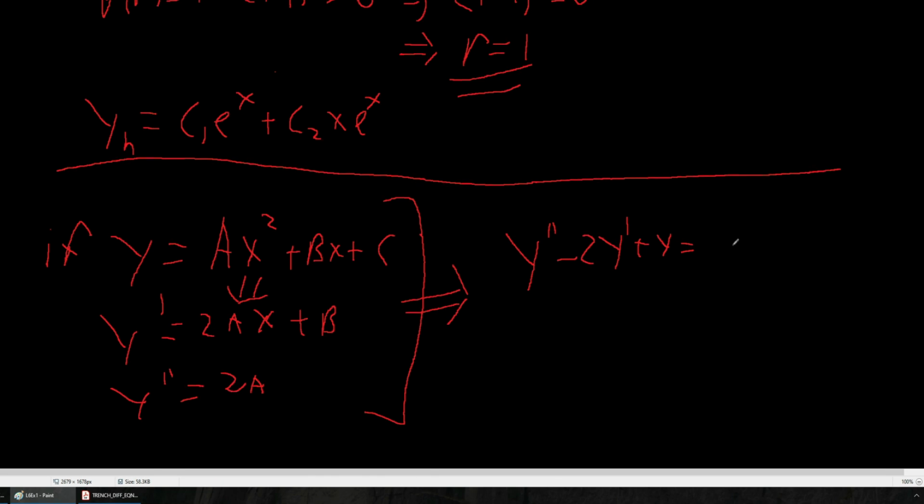Here I'm going to get a 2a for the constant term from here, so 2a. And then I'm going to get a minus 2 times this, so let's expand that out. So I'll get a minus 4ax from this first term here, and I'm going to get minus 2b.